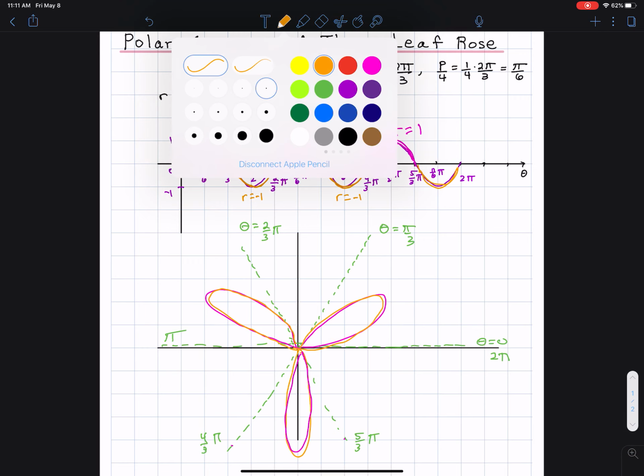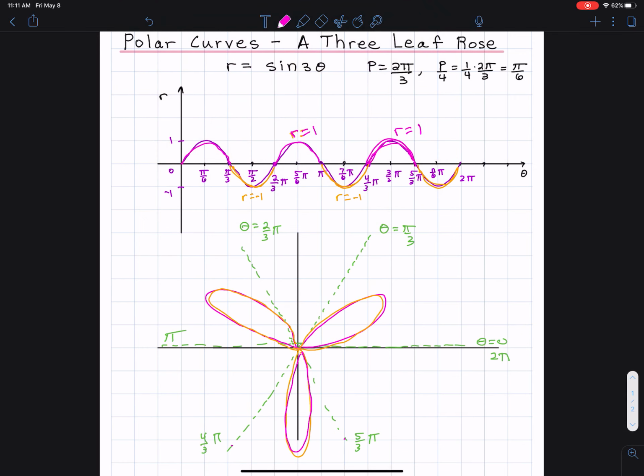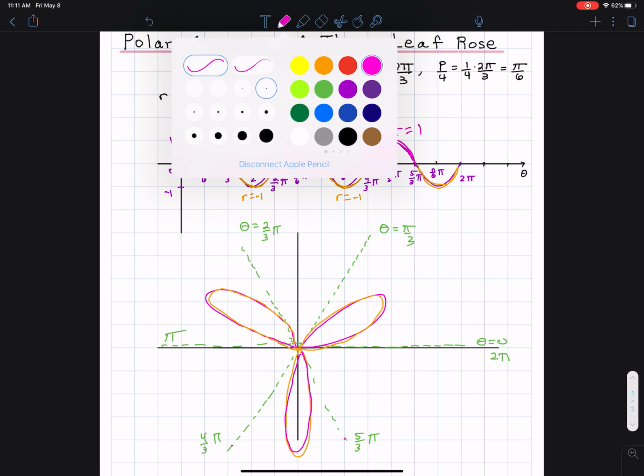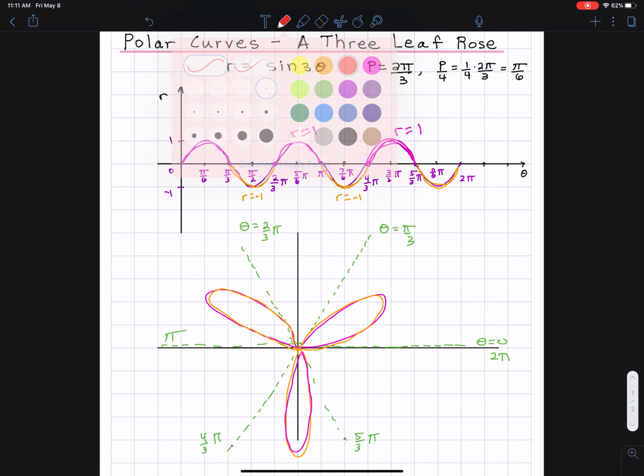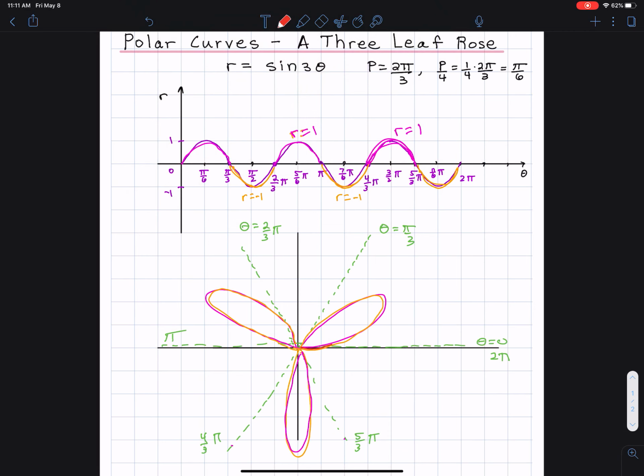So now let's get a good color. Let's get orange. So I come along here, and it makes a nice smooth curve. It doesn't have any sharp edges. And that is r equals sine 3 theta.